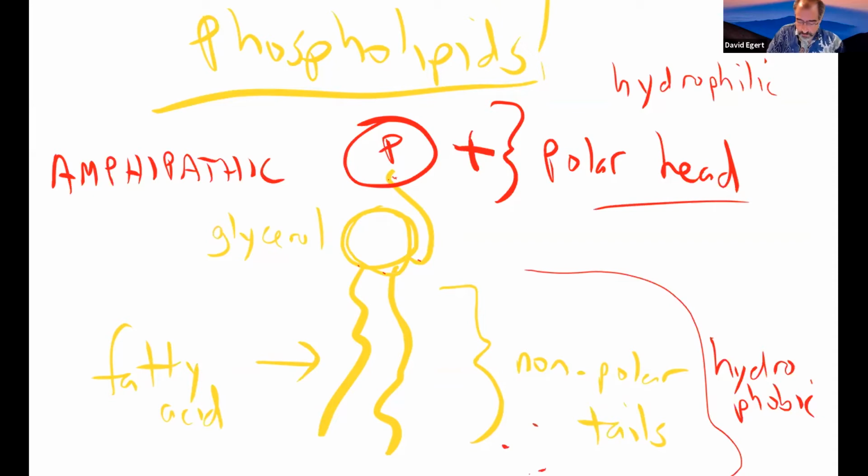Parts of it are going to organize away from the water because they're non-polar. The main one that makes up your cell membrane is called phosphatidylcholine, or lecithin. Lecithin is just a phospholipid. This is the thing that makes up your cell membranes.